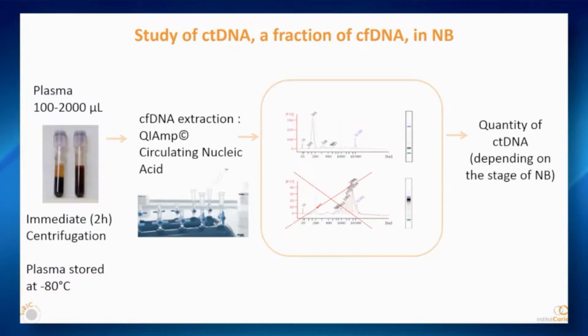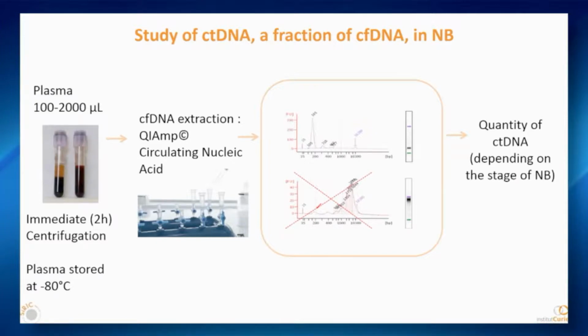We can collect these samples in EDTA, what has been done in the past, or the more recent, more specific tubes that might have certain advantages. And what is important is the centrifugation to really separate the cells from the plasma immediately, store the plasma, and then make this available for a cfDNA extraction that can be used for commercialized kits.